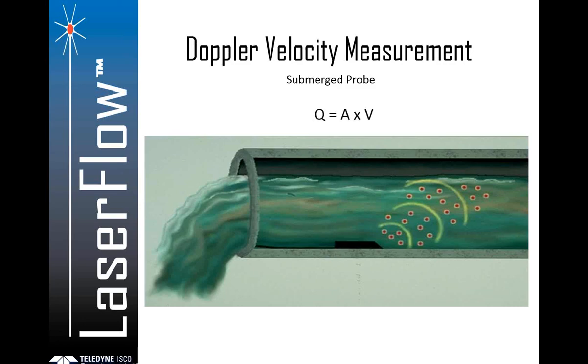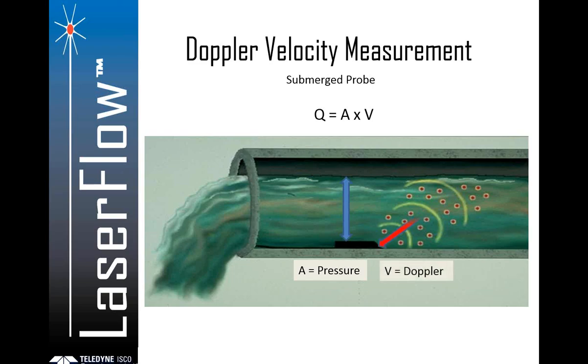With our submerged probe area velocity sensors that we've had out for some time, the sensor is mounted in the bottom of the pipe using some type of stainless steel mounting band. There's a pressure sensor at the bottom of this probe that measures the water level on top of it. And just like in our equation, that water level is multiplied by the geometry and the dimensions of the channel to get the area.